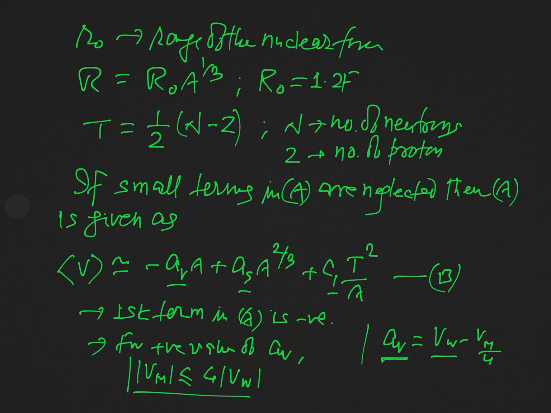Actually, this result is the condition for the saturation of the binding energy per nucleon for all A. This result is in fact independent of A. So for nuclei of any mass number, the saturation of binding energy will take place, because Vm is less than or equal to 4 VW.